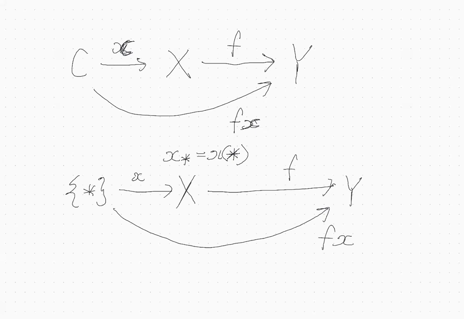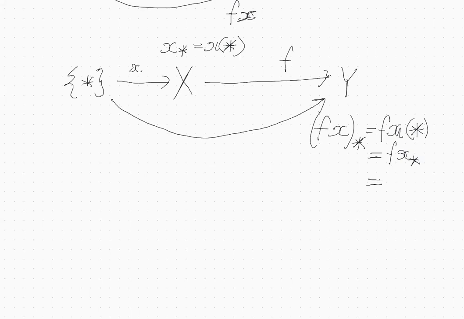So fx star is equal to f of x applied to star, which is x star as a subscript, and f applied to that. So these are two functions being composed, right? We apply one function and then the other. f applied to that is just f of x lower star.